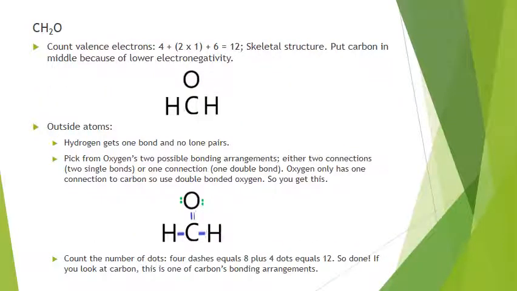All right, let's try formaldehyde. It has 12 valence electrons. Here's the skeletal structure. I'm going to give the number of bonds and lone pairs to the oxygen and hydrogens. Oxygen can have 2 bonds, 2 lone pairs. I'm going to pick the one that has only one connection, because if I picked this one here, it would have an extra bond hanging off the side.